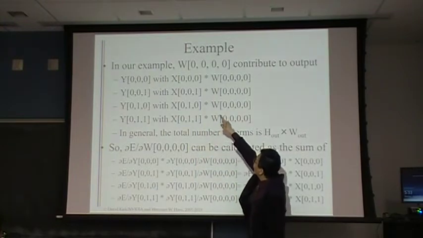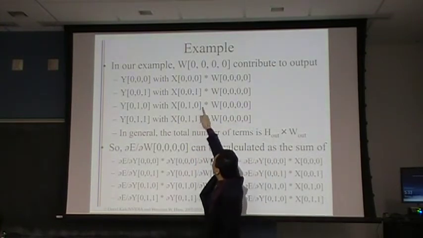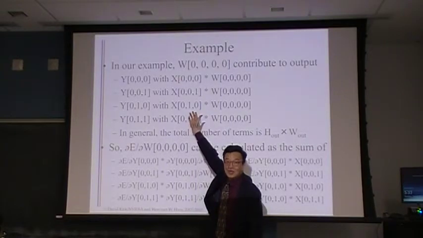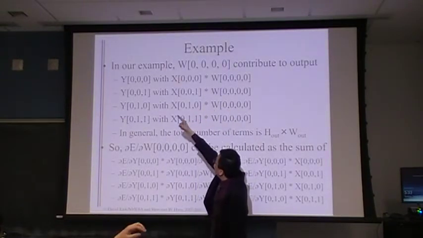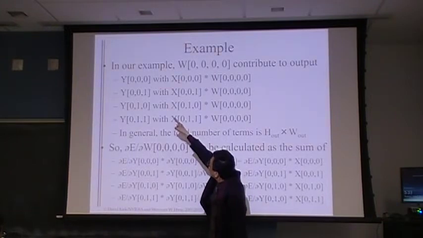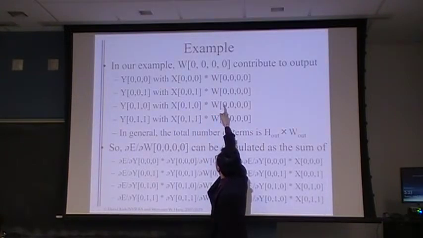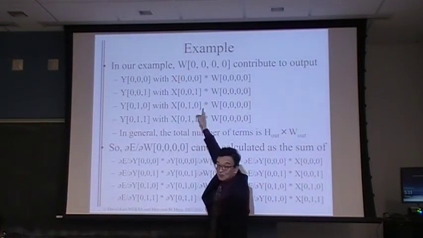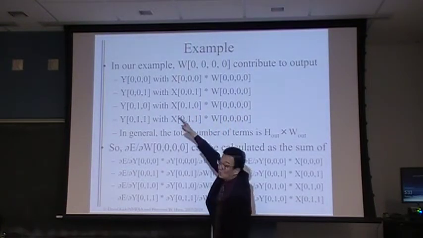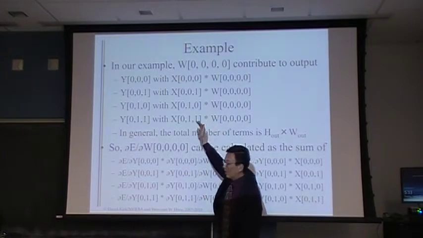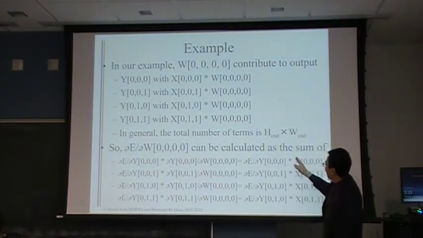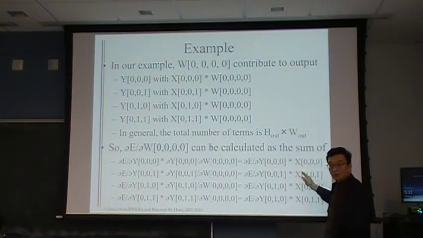Y000 by multiplying with X00. There's a reason why I gave you that term. So when I do the partial differentiation of Y000 against W0000, I'm going to get X000, right? That's a simple linear differentiation. So that's why this term will end up being the simple X000.